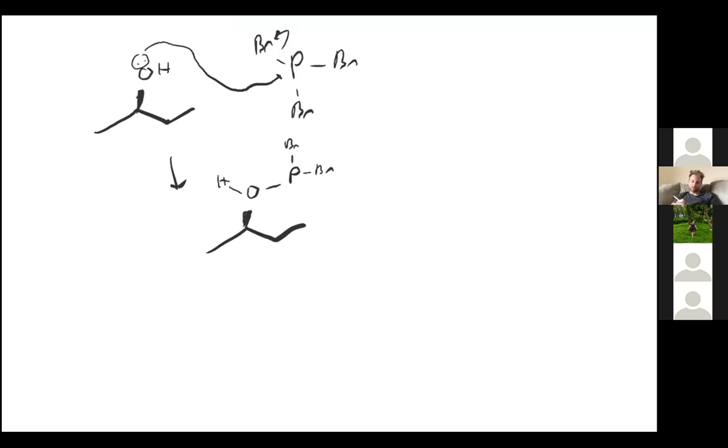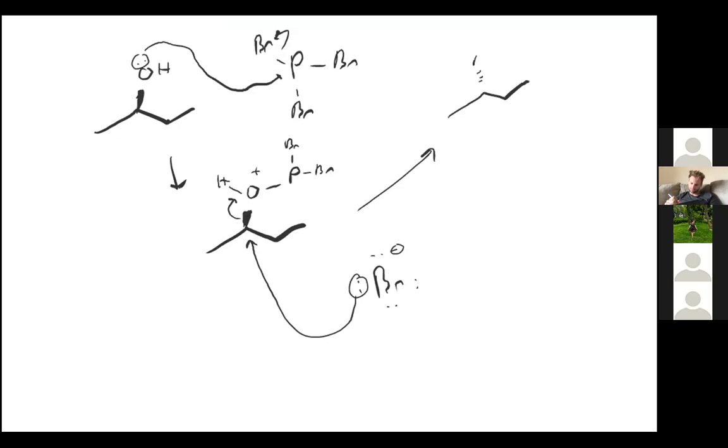The bromine that was kicked out can then come in, do an SN2, and we'll form our product.